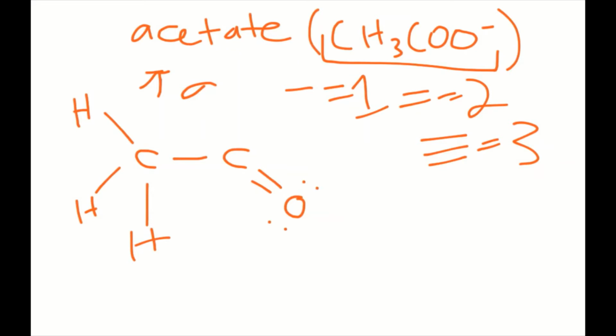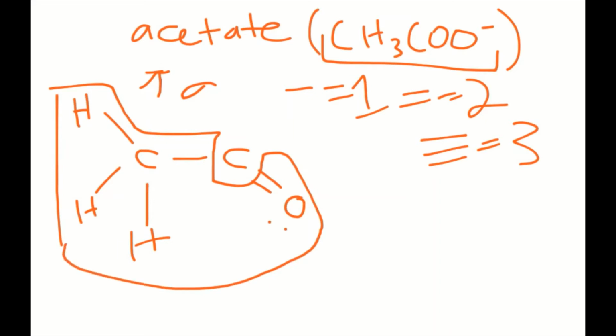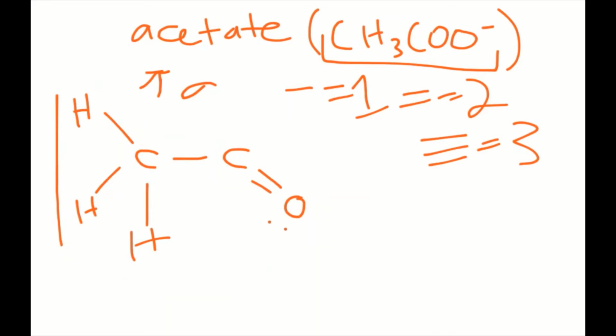Now, what do we do for the last one? Well, notice there's a -1 charge on the acetate anion, and also notice that all the atoms so far, except for the one that we haven't finished using, have formal charges of 0, and you could check that by calculating it on your own.